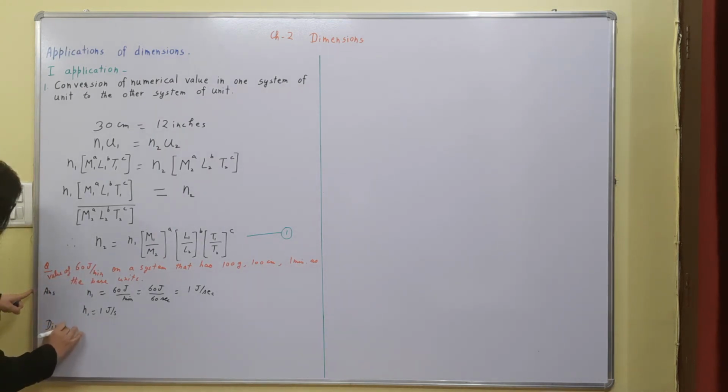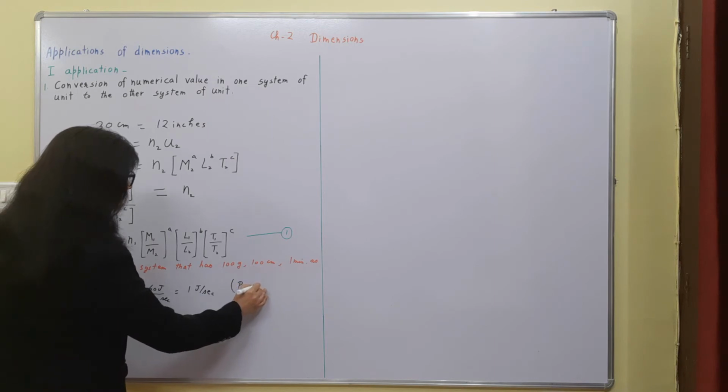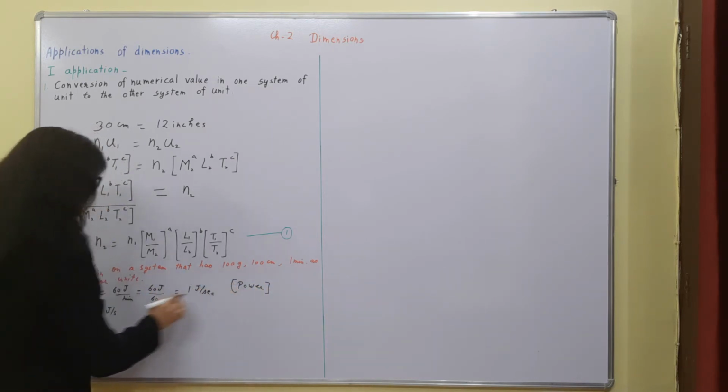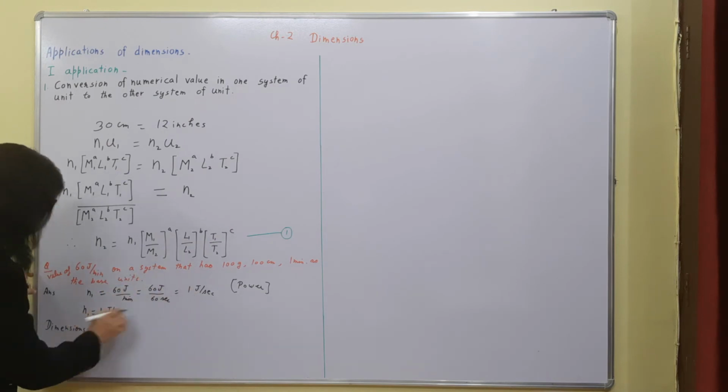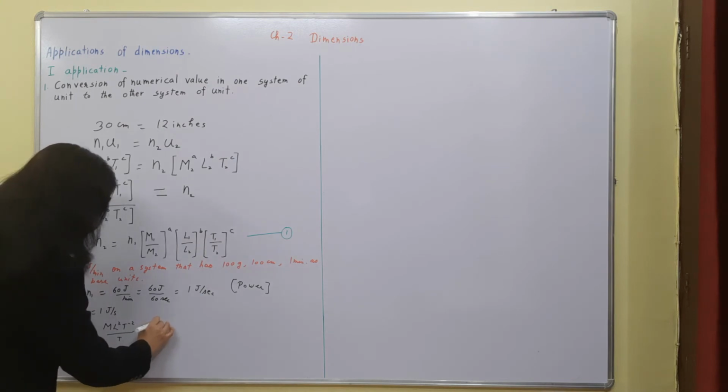Which quantity is this? We have understood that this is power, right? So power can be written as energy upon time. So energy is M L2 T minus 2 upon time. So this gives me M L2 T minus 3.